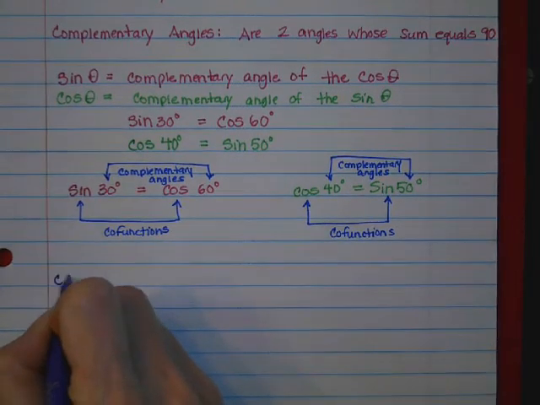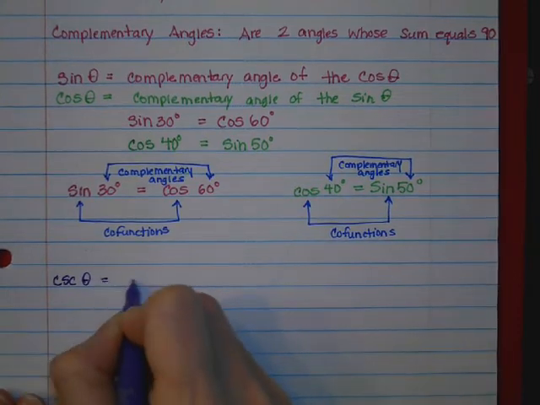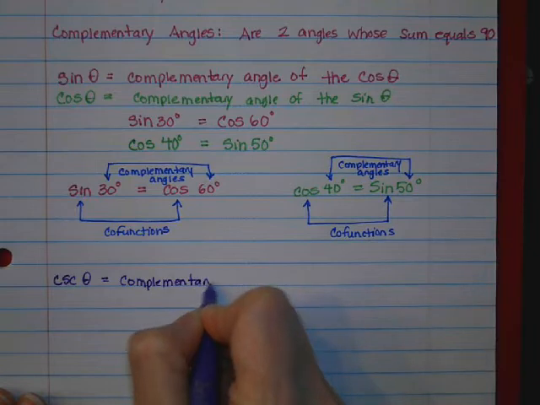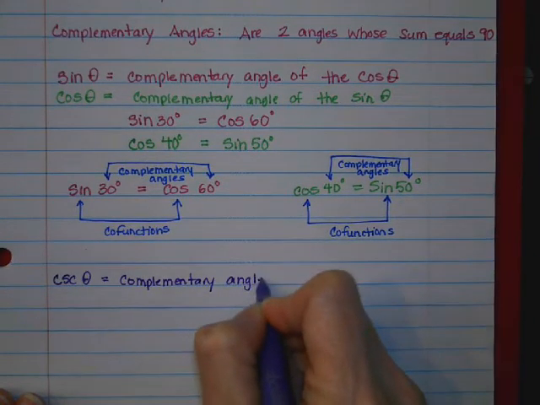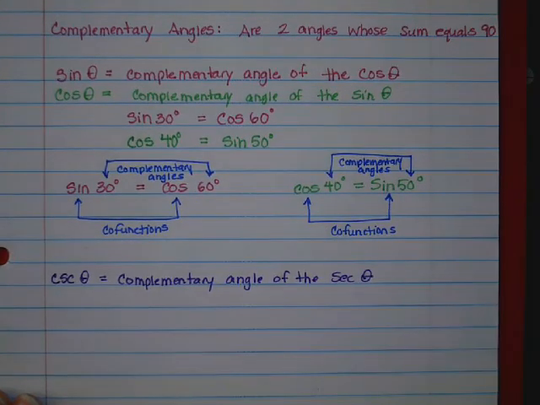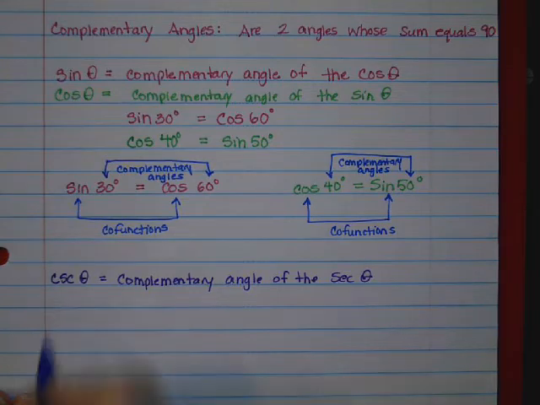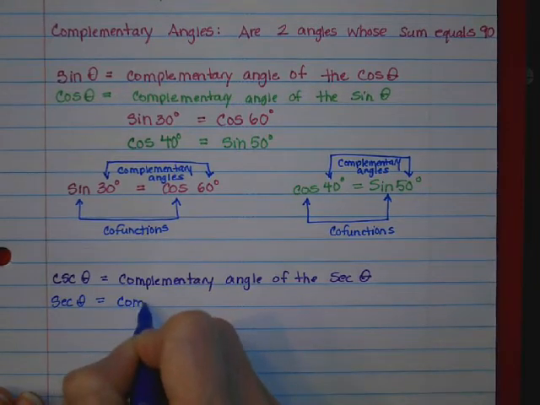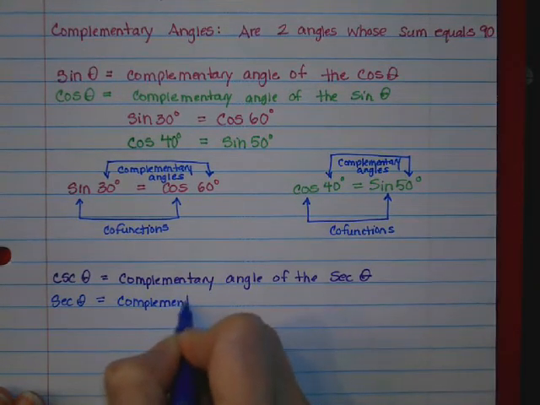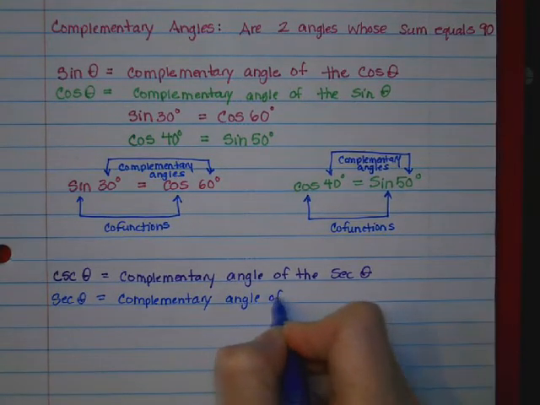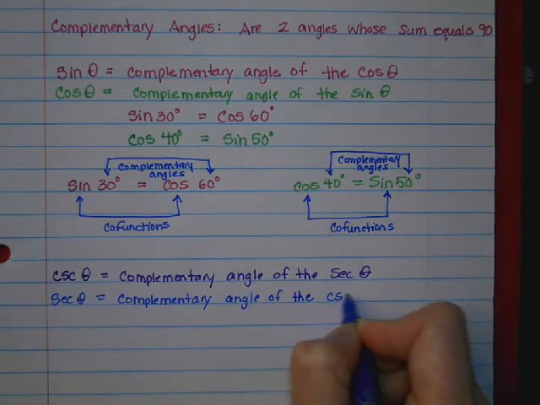The cosecant of theta will be equal to the secant of the complementary angle of theta, and the secant of theta will be equal to the cosecant of the complementary angle of theta.